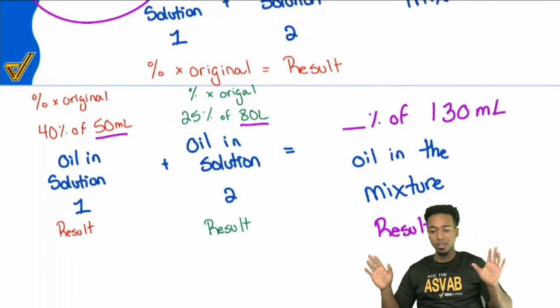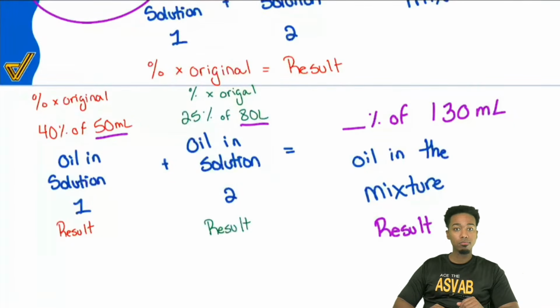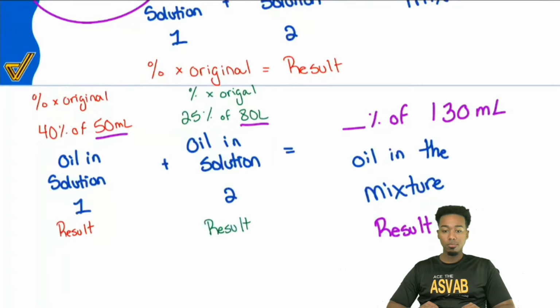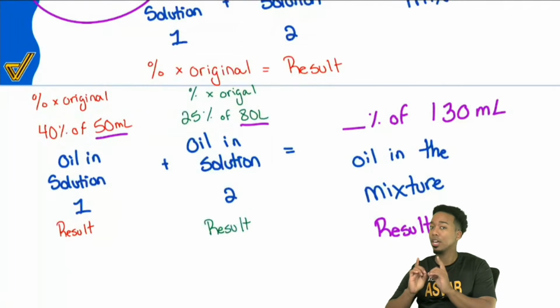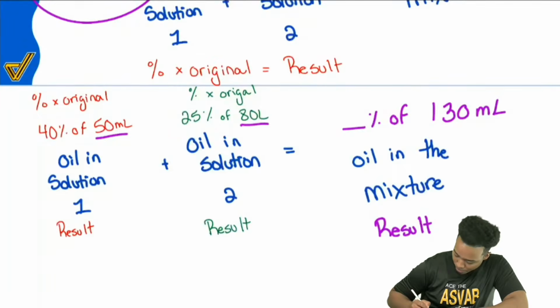The easy way to get the total amount of the mixture is to add what's in 1 and 2. And that's it. Now that you've set this up like this, it takes a lot of thinking and you've got to understand how percentages work. But once you get here, it is really smooth sailing because right here, watch, let's do the math.